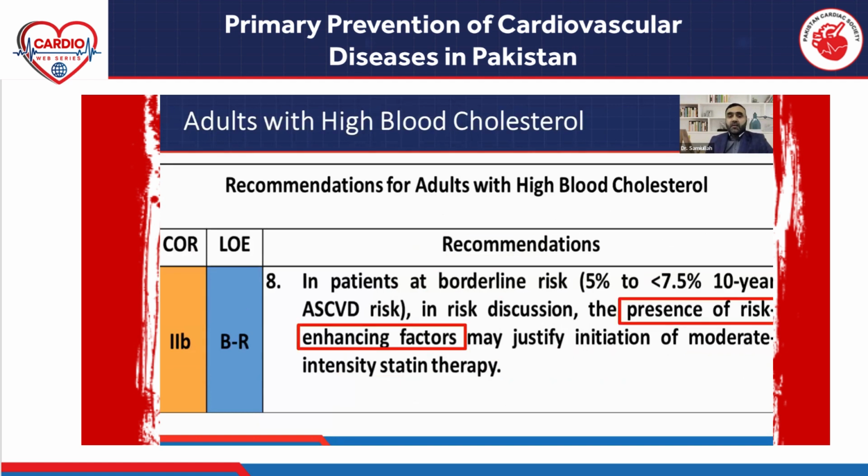In patients with borderline risk, those who are less than 7.5%, the presence of risk-enhancing factors needs to be considered. And if they are present, a moderate intensity statin therapy is justified to be initiated in these patients.